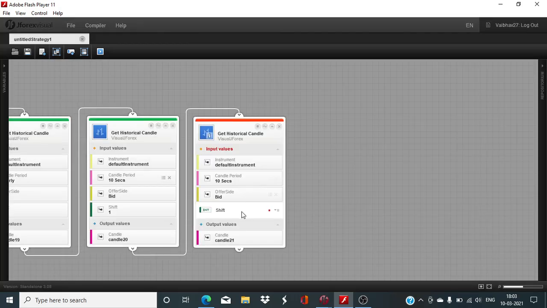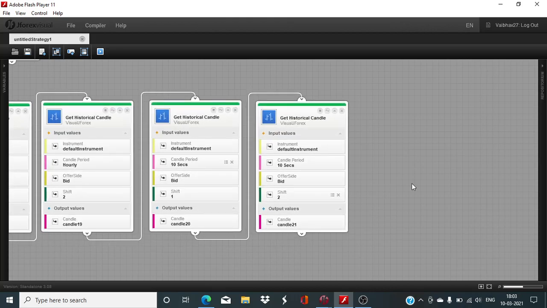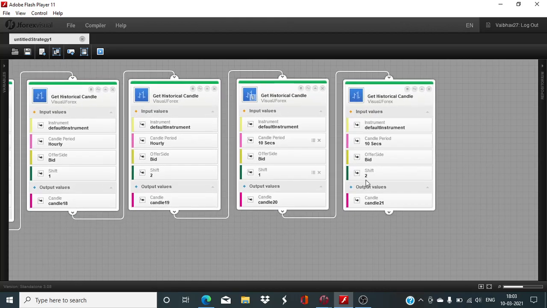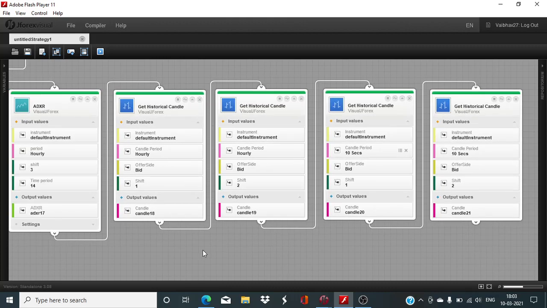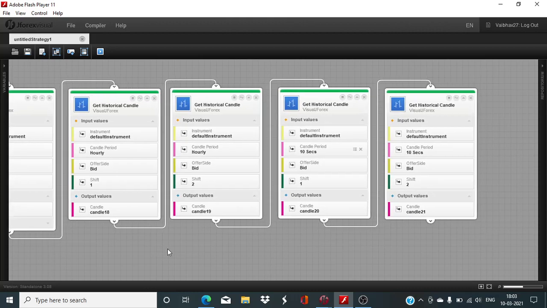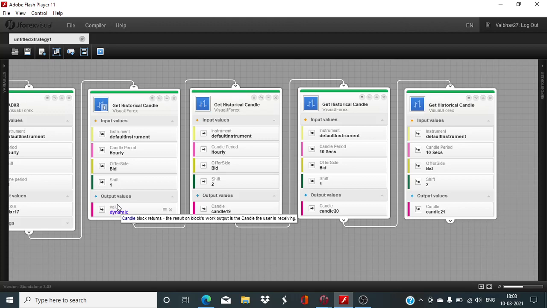shift value of 2. So if other conditions are in place, whenever the price starts to drop below the closing value, we will look for execution of the trade on the sell side, and if other conditions are favorable for the buy trade, then as and when this 10-second candle with the look back period of 1 closes above this candle 18, while the candle 21 has closed below it, we will initiate the buy trade.